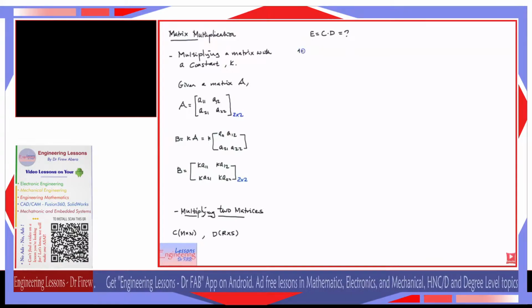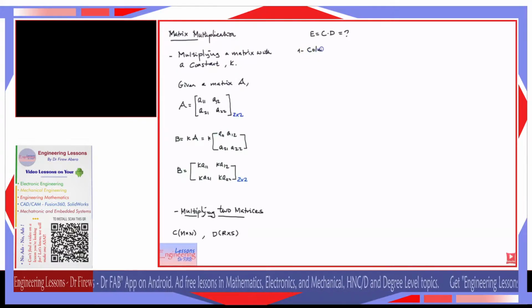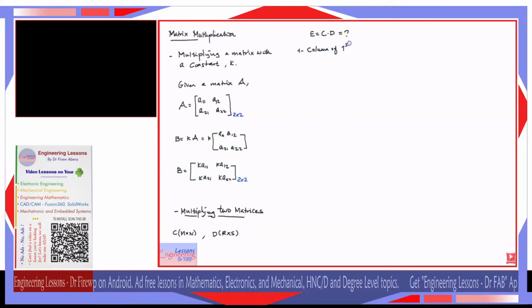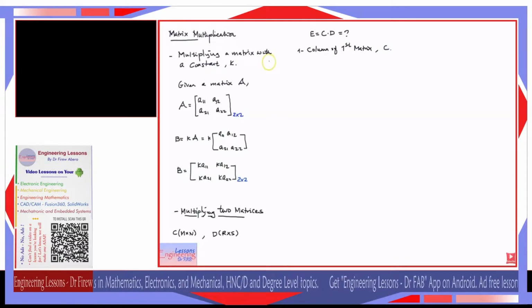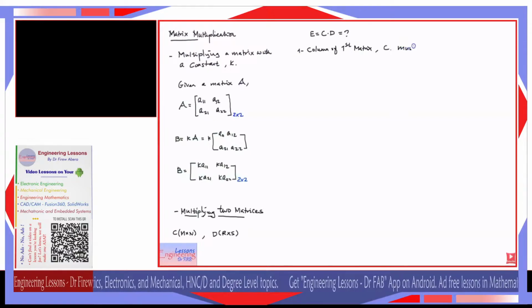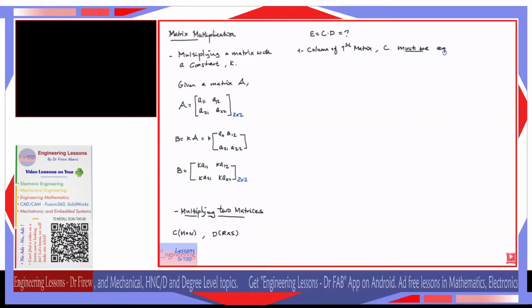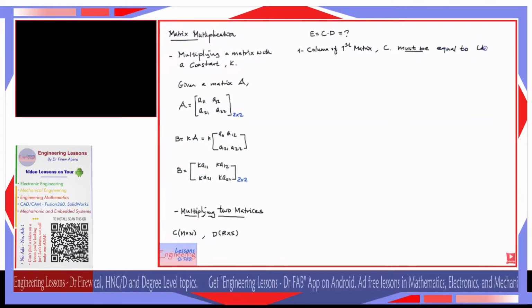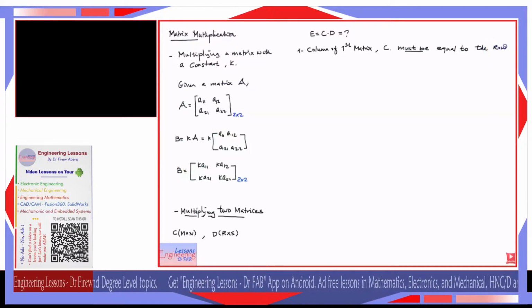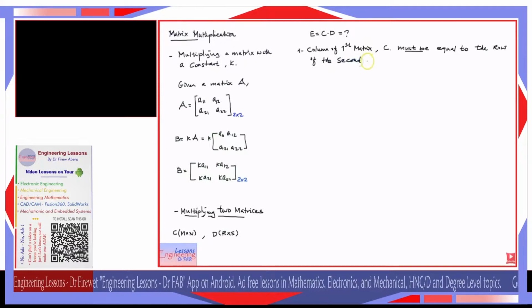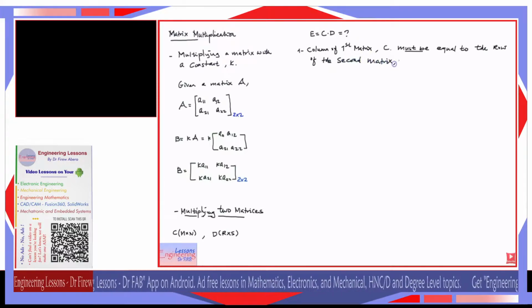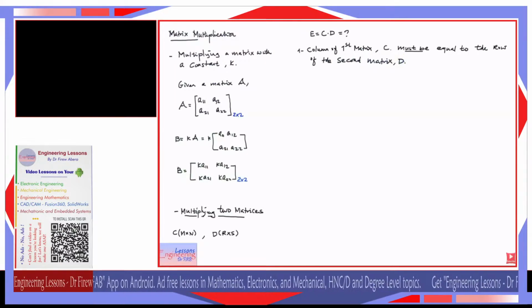First one is that the column of the first matrix, in our case matrix C, must be equal to the row of the second matrix, in this case D. So the column of the first matrix, matrix C, must be equal to the row of the second matrix.